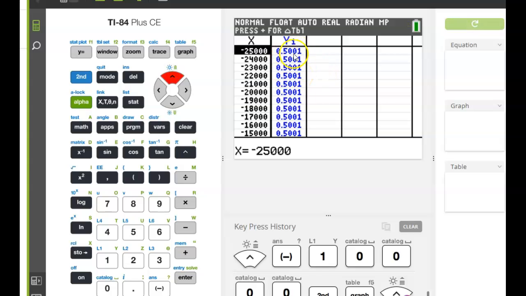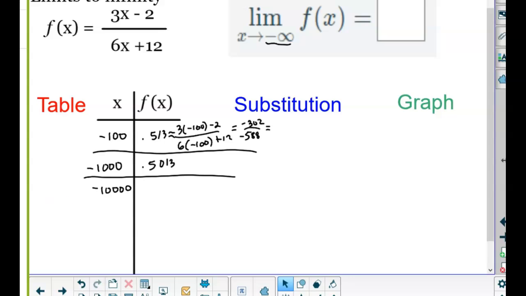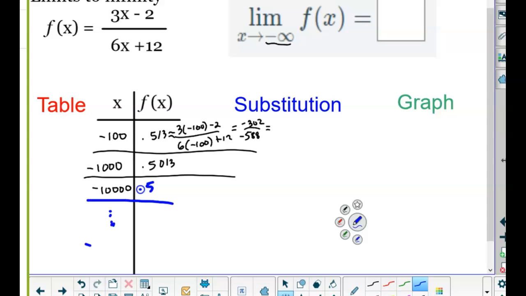It's getting closer and closer to a special number, which means the closer I get here, this answer is going to get closer and closer to 0.5. So if I keep going, and if I reach negative infinity, which you never can do, my answer is going to get closer and closer to 0.5.